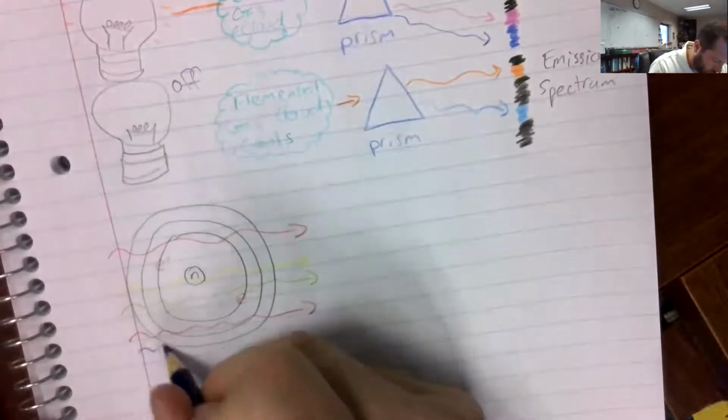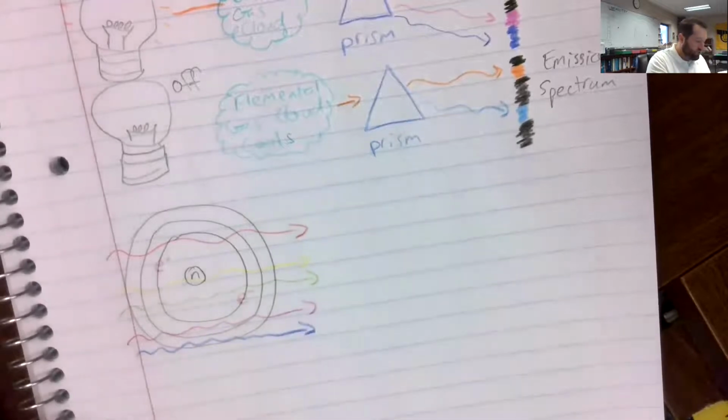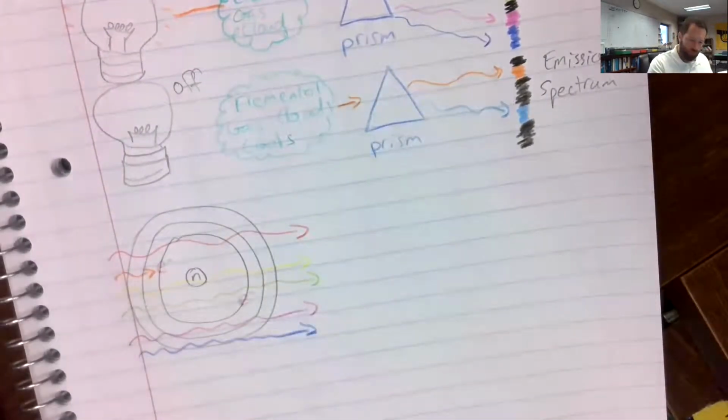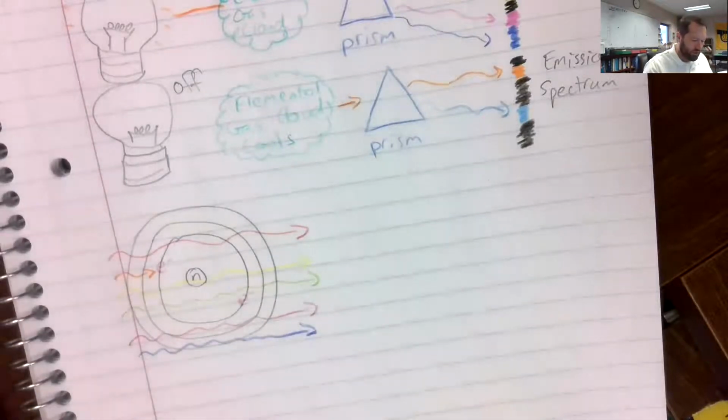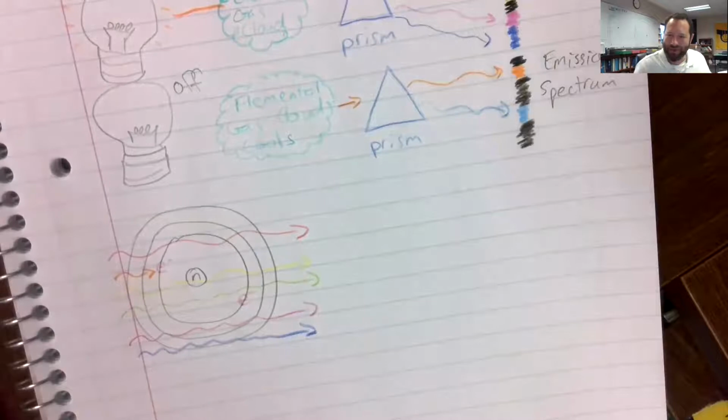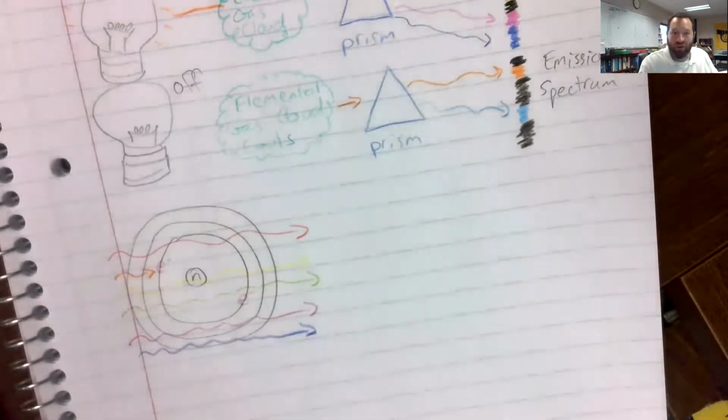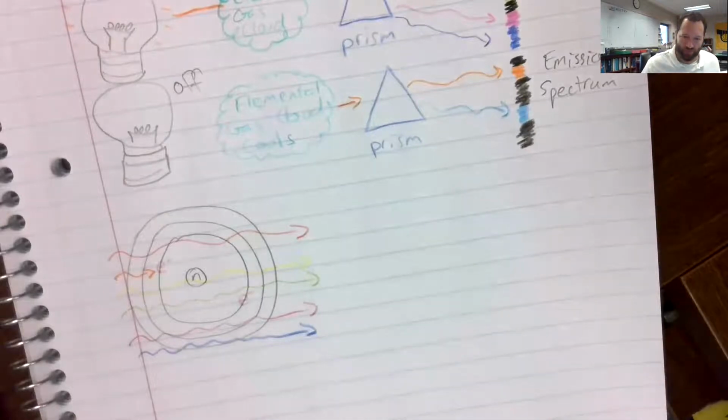But here's what they reasoned. Some of the light, in this case, the orange light, must have been absorbed by the electron. Why was it absorbed and why only that particular wavelength of light? Well, we've been talking about all day, those wavelengths not only have a frequency, but they also have an energy associated with them.